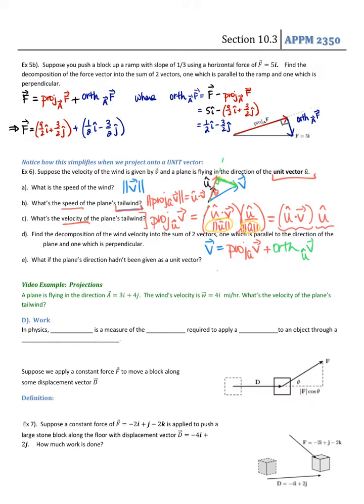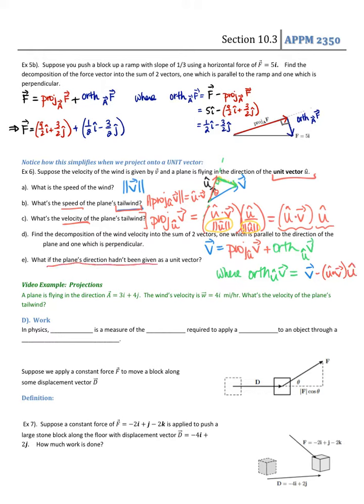And we can find that by just using vector subtraction. So that's just going to be equal to my original vector minus the projection vector, which in this case we have as this dot product and then times the vector u.